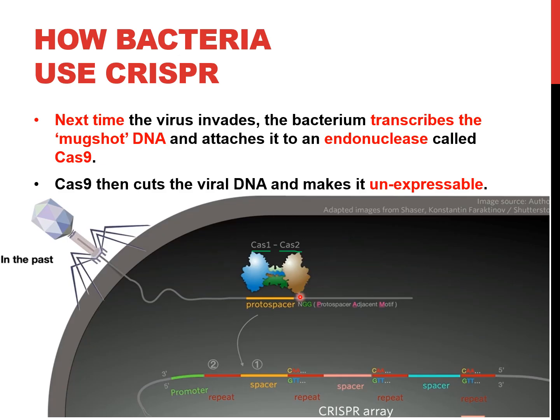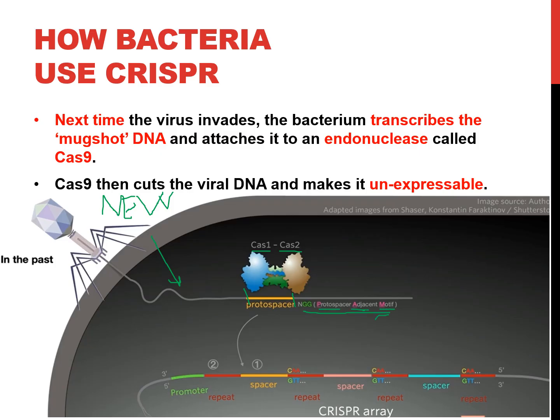So what Cas1 and Cas2 do is, if they encounter a new virus, and therefore new DNA, they're going to take a part of that out. They're going to find a particular PAM sequence, protospacer adjacent motif.